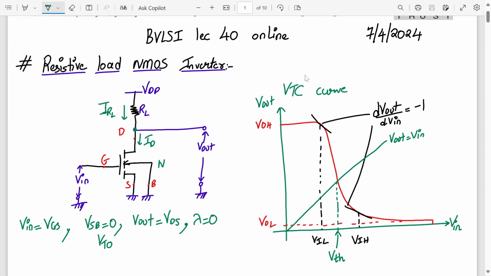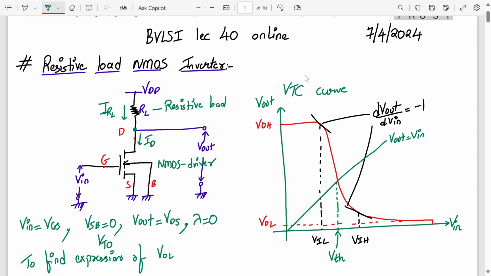So this is my NMOS driver, and this is my resistive load. Now our aim is to find the expressions for VOL, VOH, VIL, VIH, and probably the noise margin high and noise margin low.